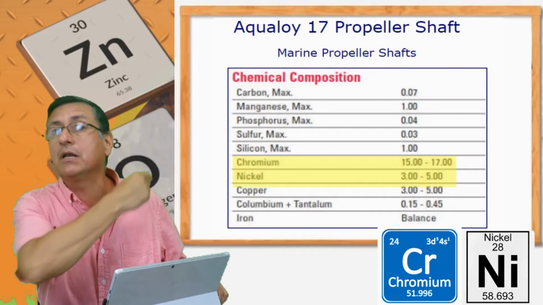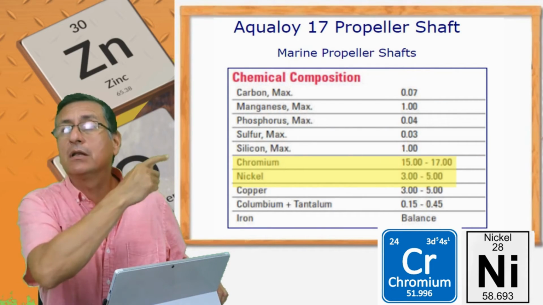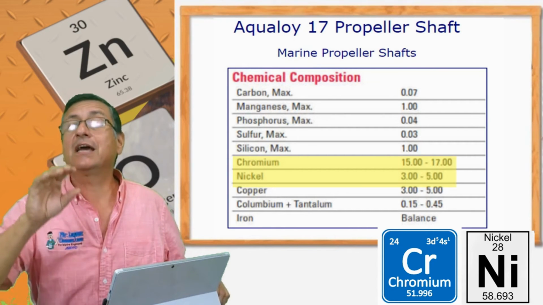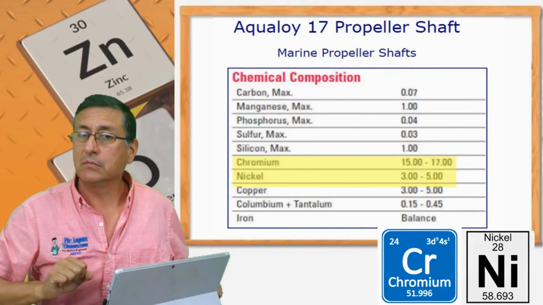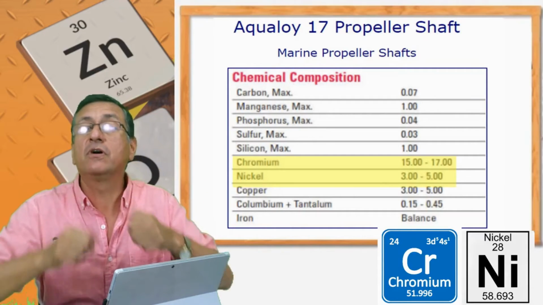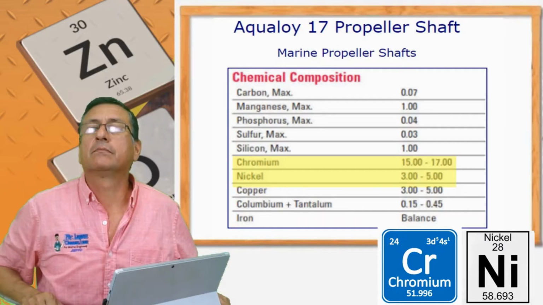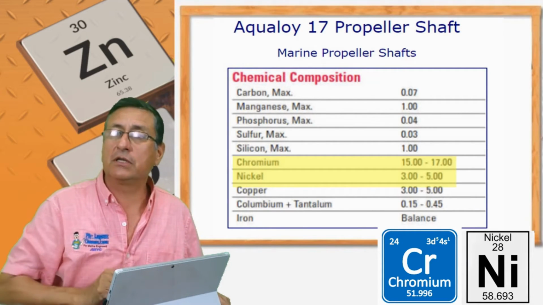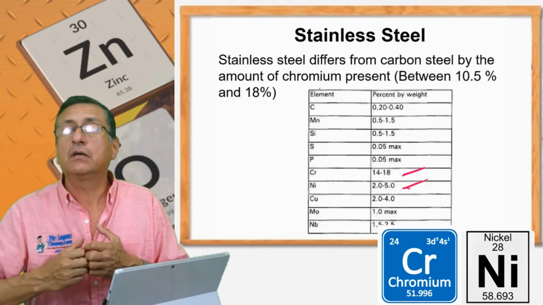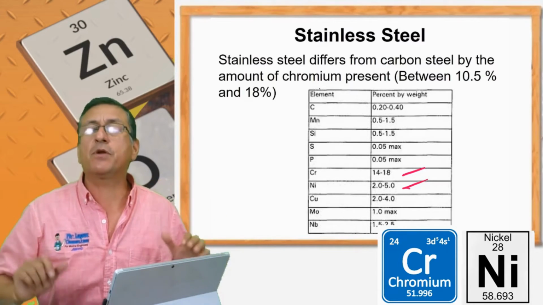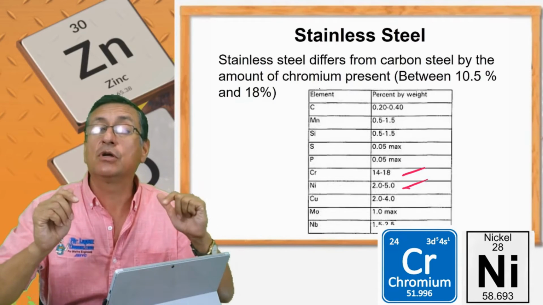You remember Nibral, you remember Monel, you remember Aqualoy. Those alloys have a high content of nickel, because nickel in non-ferrous alloys helps to improve the anti-corrosive properties. In ferrous alloys, nickel and chromium both eliminate corrosive properties, and additionally chromium eliminates the magnetic properties.